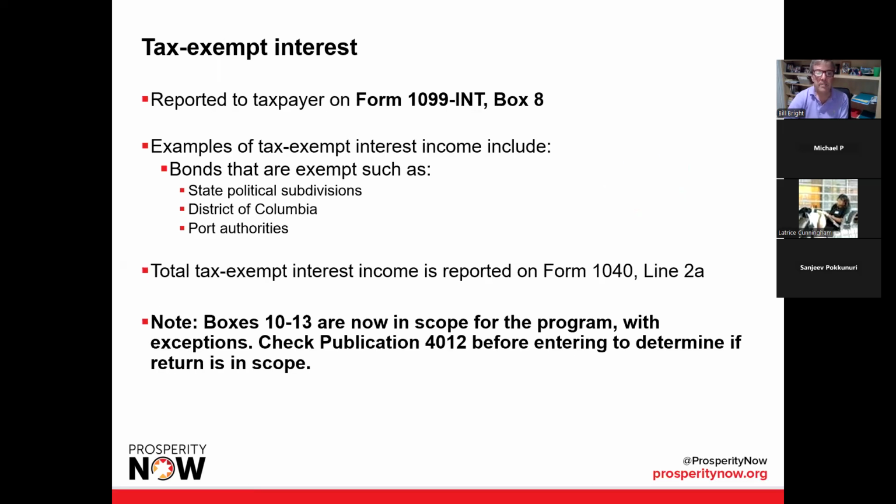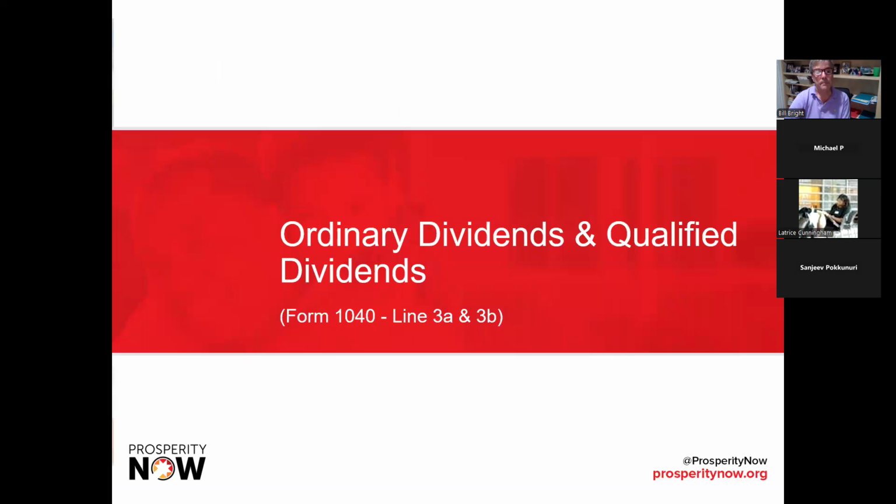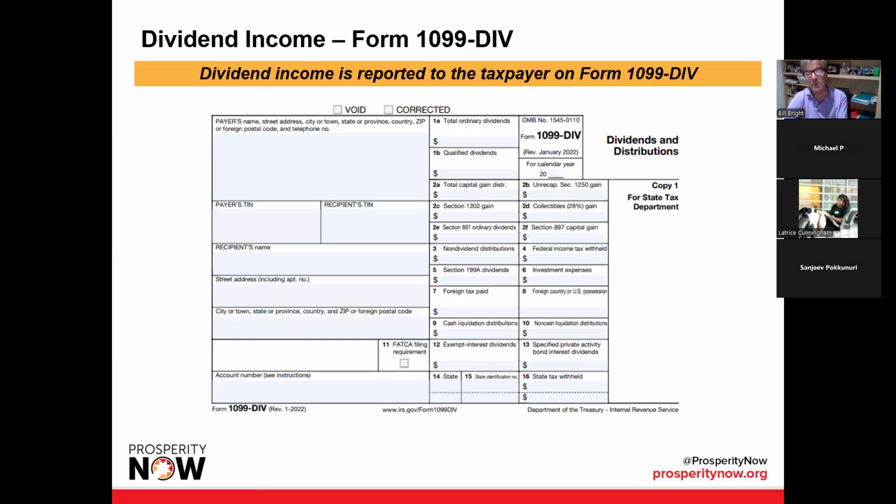All right, tax exempt interest, again, that also gets reported from box 8. And again, those could be different types of political subdivisions that are not taxed at the federal level. Okay, ordinary dividends and qualified dividends, again, those come on a similar form, 1099-DIV.